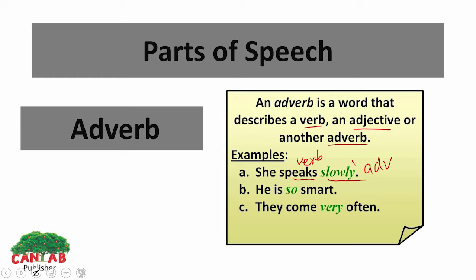An adverb is describing the verb. He is so smart. Here is is verb and so is adverb. Look at the third one. They come very often. Come is verb and very is an adverb.